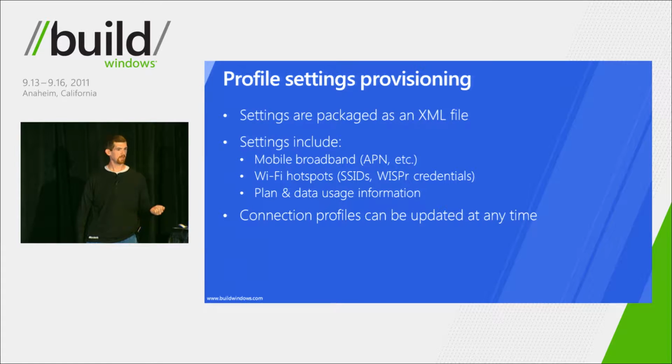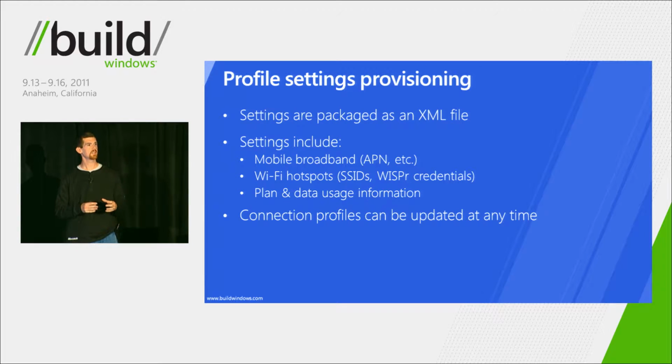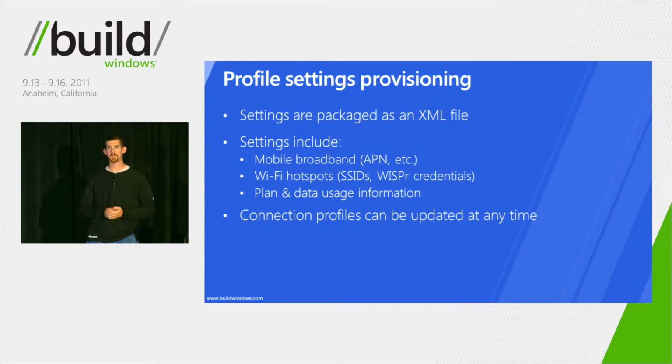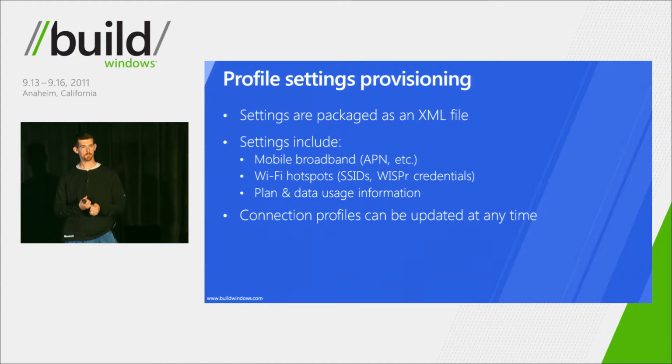Once you've got the plan purchased, then you need to inform Windows about that plan. And this is an XML file that you pass into Windows that packages up all the settings that are needed for connecting to a given mobile operator's network. Now, if you're familiar with Windows 7 and existing APIs, we've got mobile broadband profiles and Wi-Fi profiles that are both described as XML profiles.